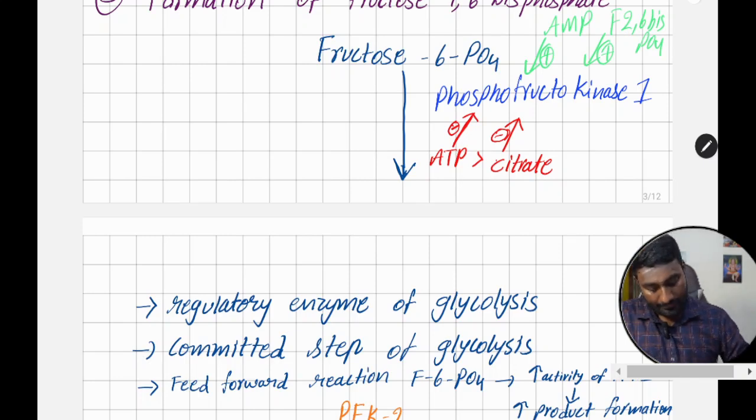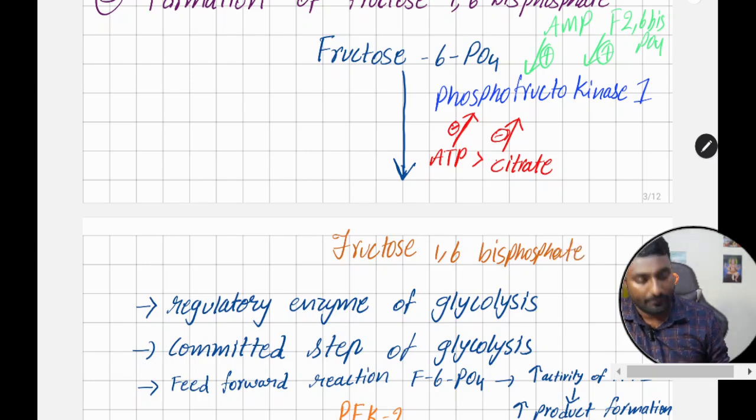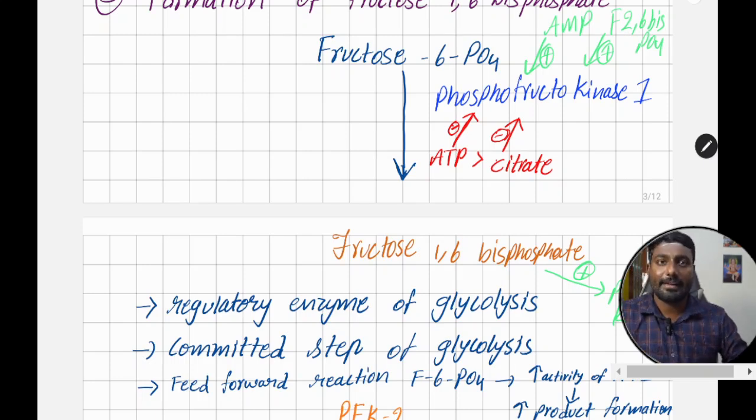Now, here fructose 6 phosphate is getting converted into fructose 1,6 bisphosphate, and this is going to activate the pyruvate kinase enzyme. Activate means allosterically activated.